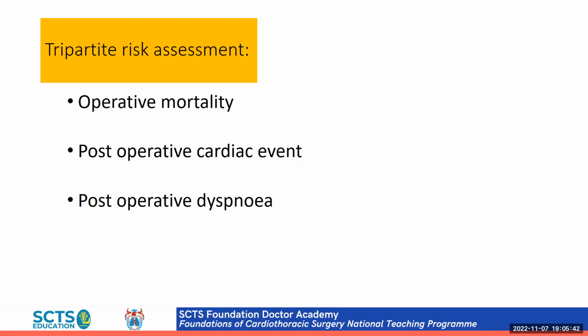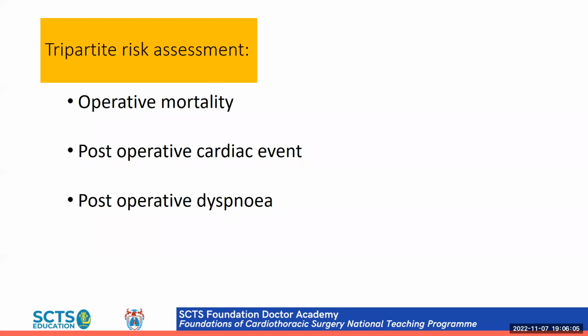For operative mortality, you're going to assess what is the risk of the operation to the patient, what is the chance of this patient surviving the operation in the first 30 days, and what is the chance of this patient developing a post-operative cardiac event, and also how debilitated will the patient be after you remove part of their lung.